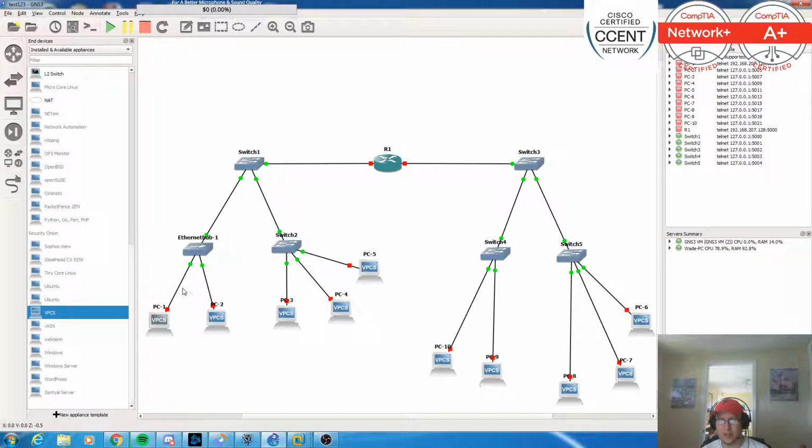So there's one here, or these are all together, an entire collision domain in this circle right here. Anyways, this whole area is a collision domain, so let's get rid of that. So alright, that's one.